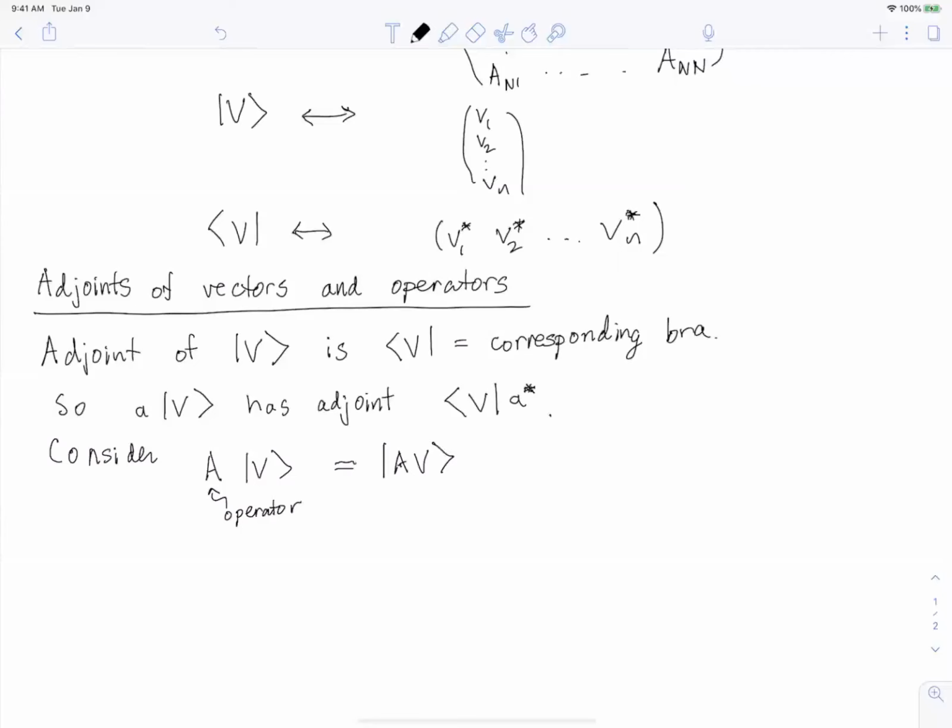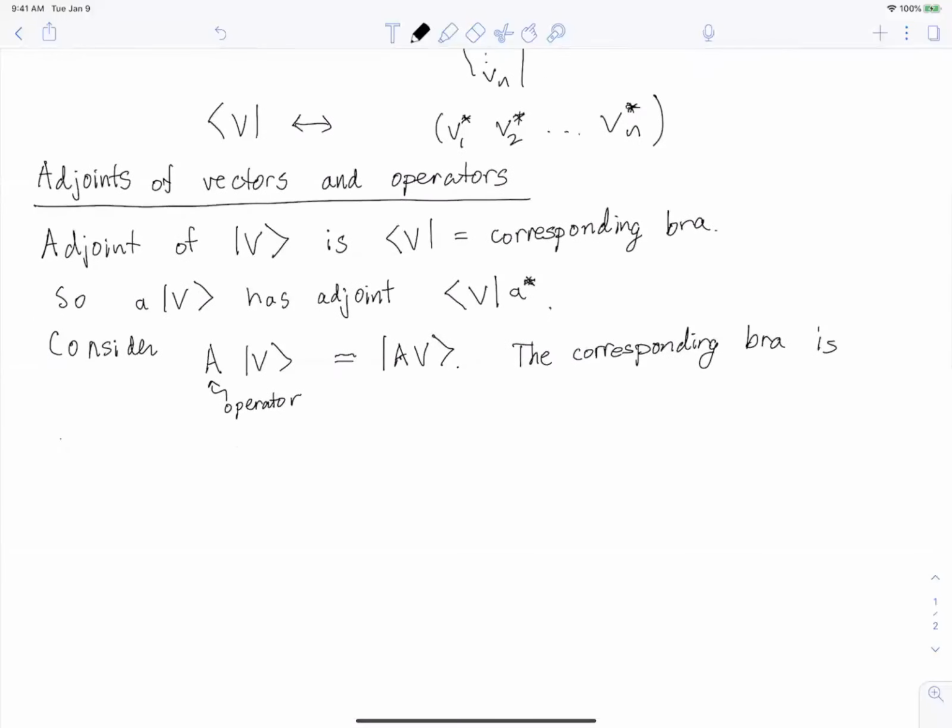That literally means AV within the ket is the same thing as the A operator acting on V. And now the corresponding bra for that ket is equal to, just as a matter of notation, AV in bra notation.